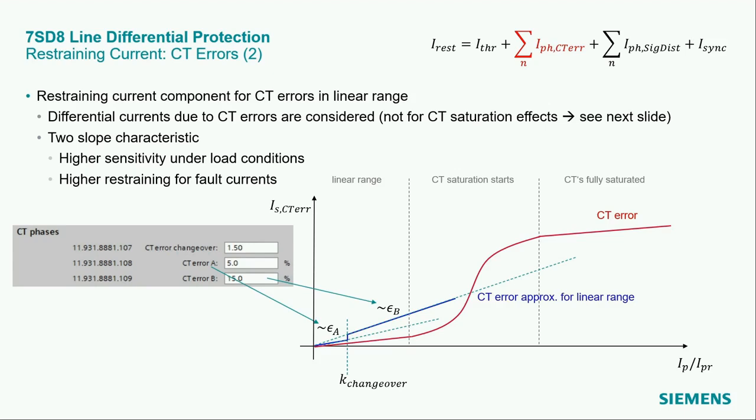For the changeover ratio, I recommend a setting of 1.5 times the rated line current. This provides a higher sensitivity for load currents and a higher stabilization for fault currents.